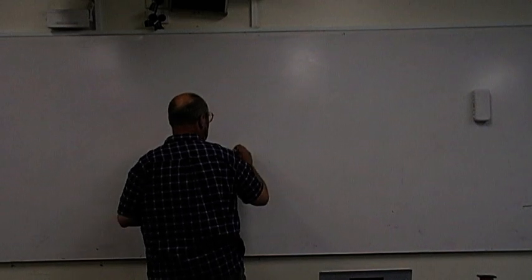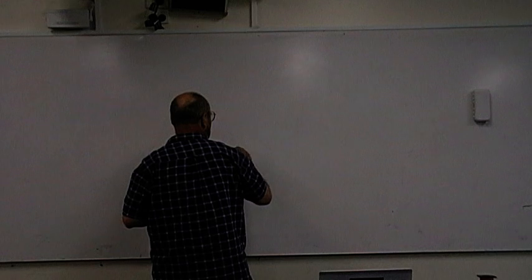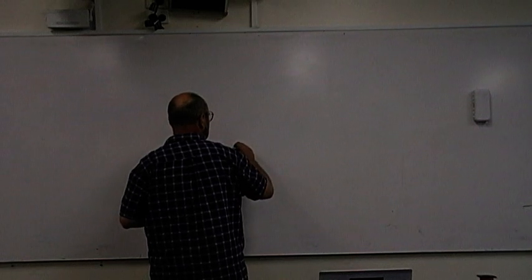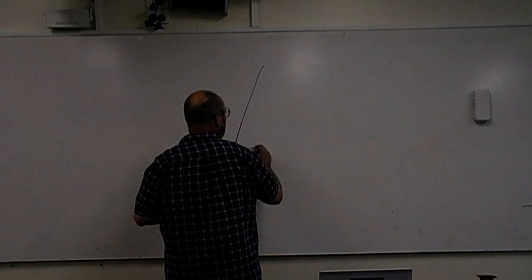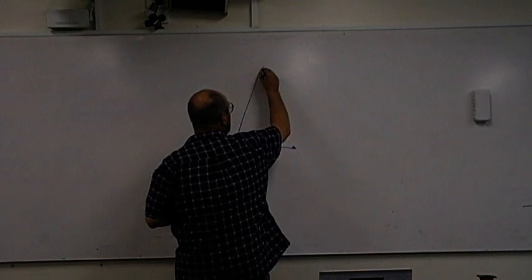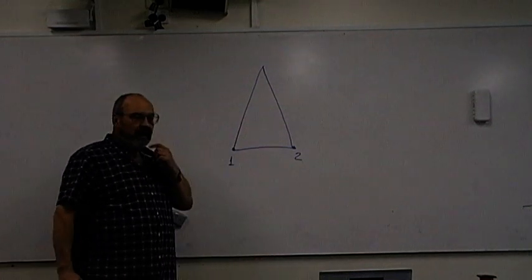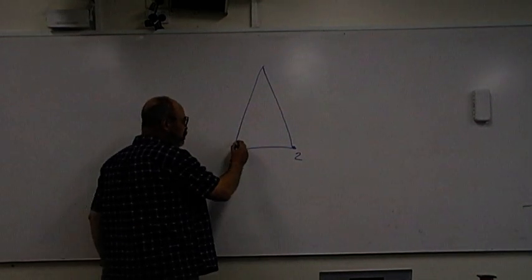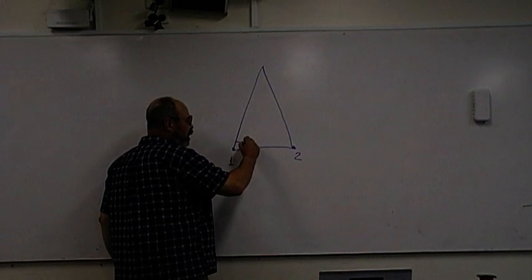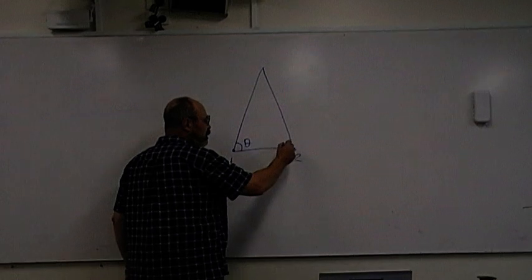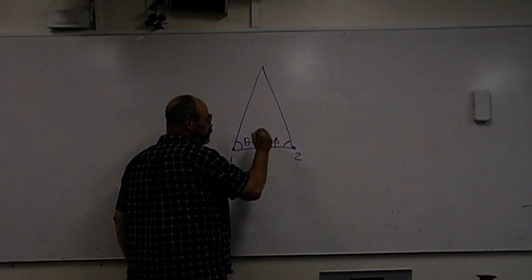So if we look to some object from point 1 and we look from point 2, we can measure those angles. Let's say angle theta and angle theta.